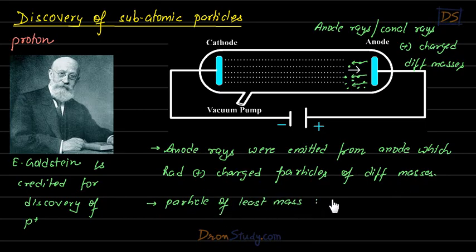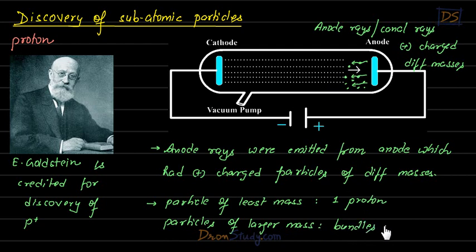So see, actually the particle of smallest mass, particle of least mass, was actually one proton, students, right? So the particle of least mass which was coming out was actually one proton, and particles of larger mass were actually bundles of protons. So from here single protons were coming out, and bundles of protons were coming out.